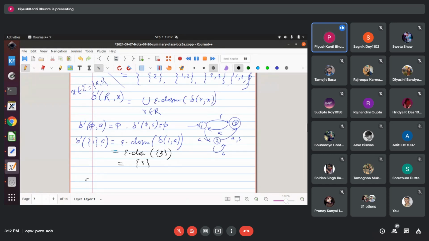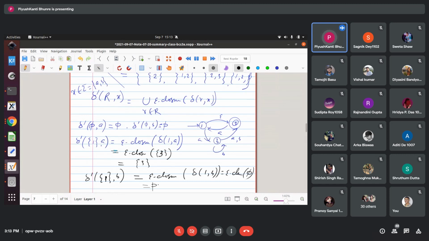Similarly, you compute delta prime 1 B. At 1, it cannot move out to anywhere from it. So basically this is epsilon closure of delta 1b. So that means epsilon closure of 1 to b is phi basically, right? It's a phi.